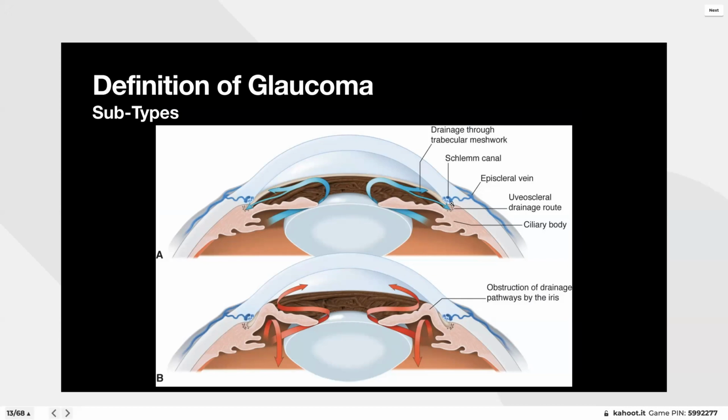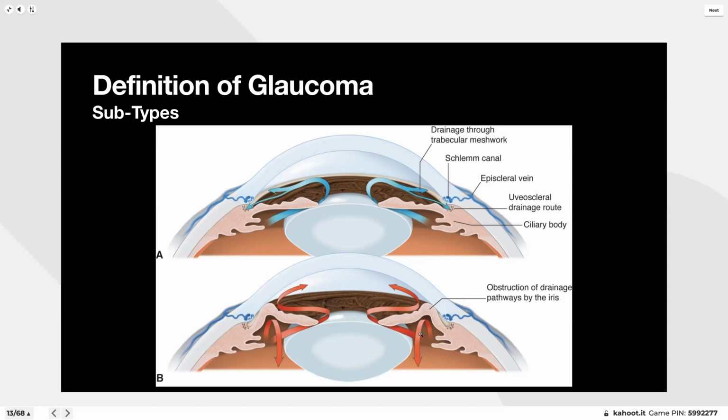What we postulate is that there's some mechanism that's inhibiting the drainage of fluid in that trabecular meshwork that causes the pressure to rise and in turn causes glaucoma. That's open angle glaucoma, meaning that fluid gets to the angle, but there is some problem with the angle itself that inhibits the fluid from being drained.